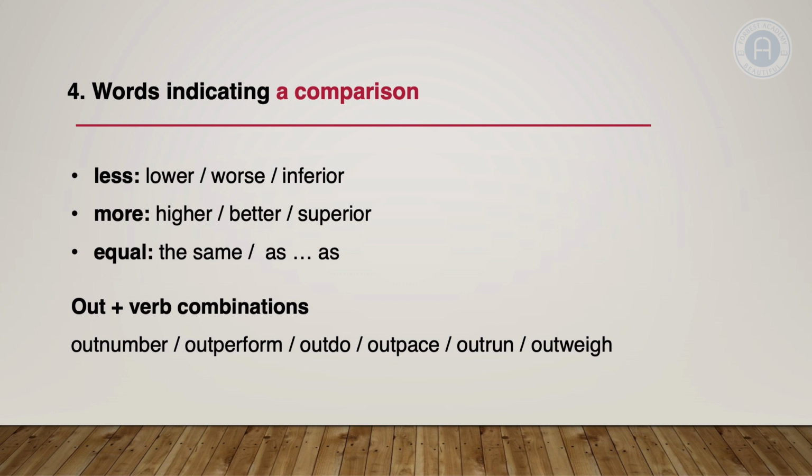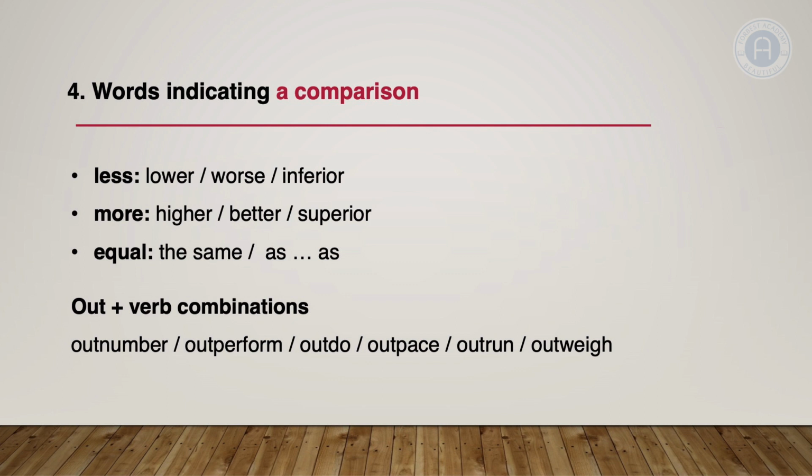However, we should not ignore the possibility that sometimes the two of them are equal, so we gotta watch out for words such as the same or the as combination. However, it's not always that easy, and sometimes the IELTS examiners try to use more advanced vocabulary words that can easily trick us.